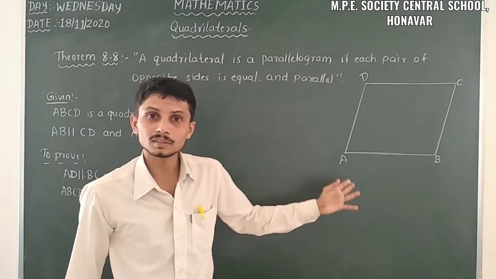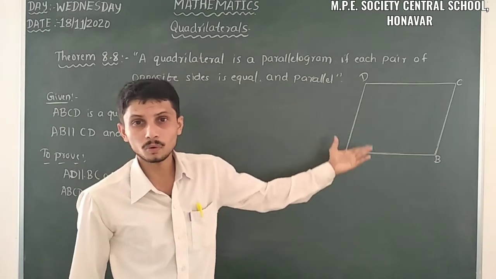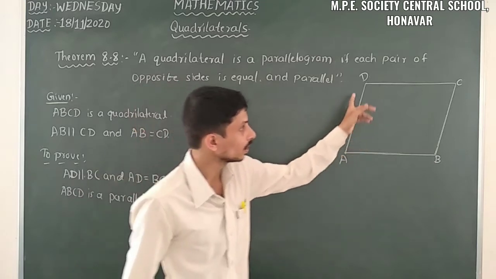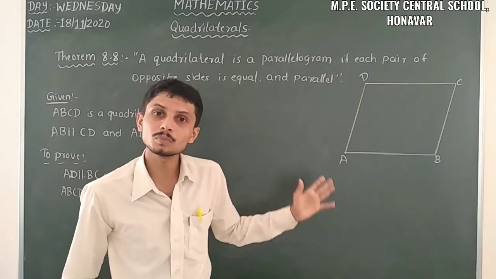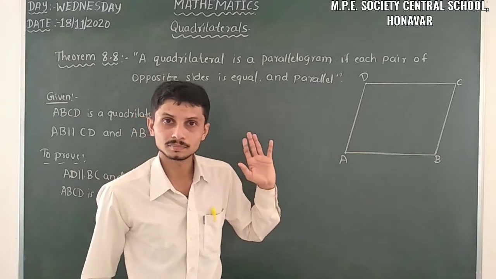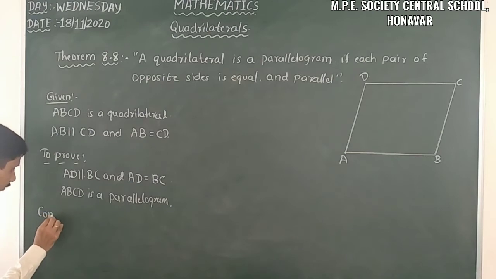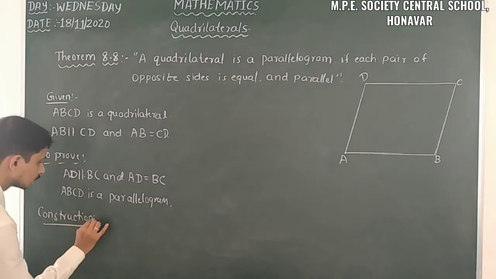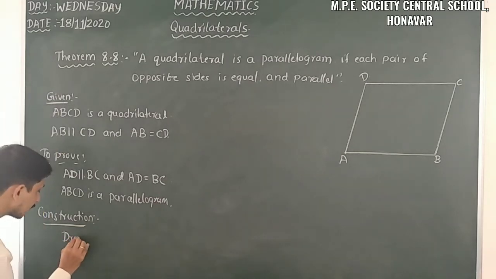From the diagonal, a quadrilateral can be divided into two congruent triangles, we already know that. And BC and AD are parts of those two triangles. Okay, so we need a construction. So I will draw the diagonal AC.